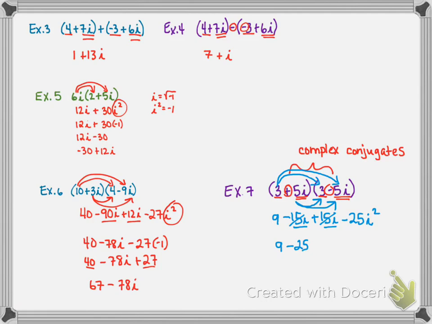So I have 9 minus 25 i squared. Remember, i squared can be replaced with negative 1. So this becomes 9 plus 25, or 34. So we just multiplied two complex numbers and ended up with just a real number. That happens every time you multiply complex conjugates.